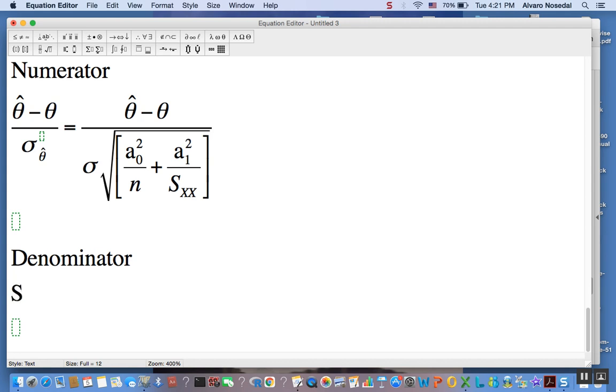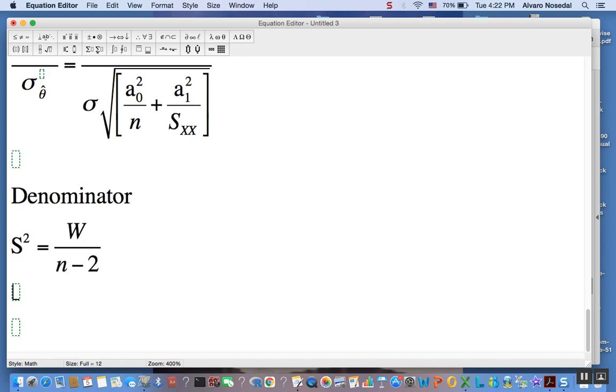So S squared, which is defined as W divided by n minus 2. Note that what we know is that W divided by sigma squared has a chi-square distribution. So let me multiply by n minus 2 here.